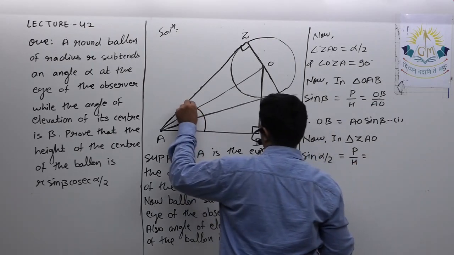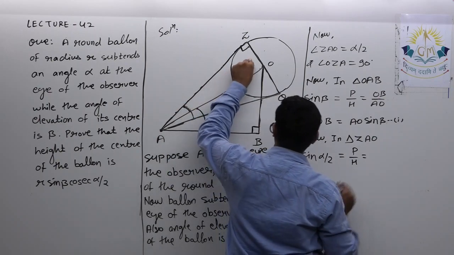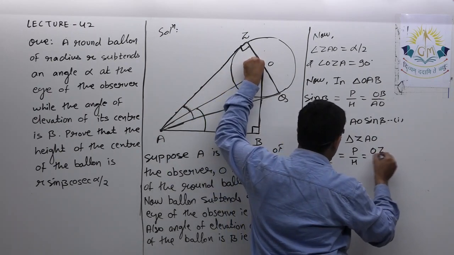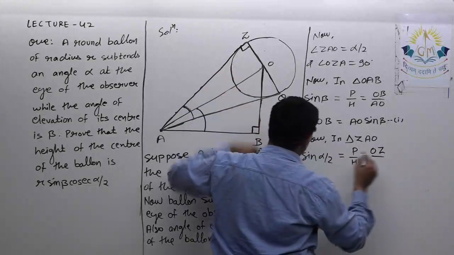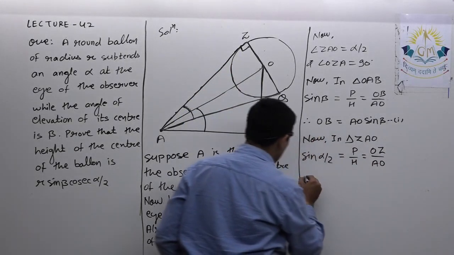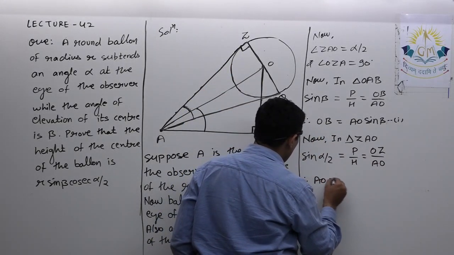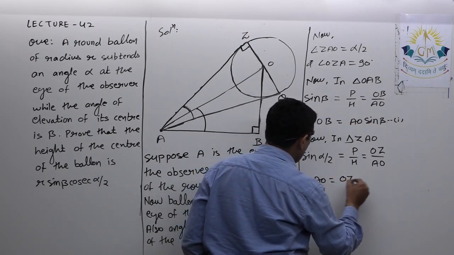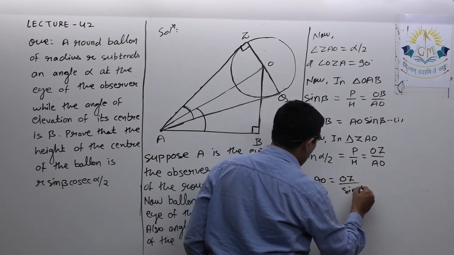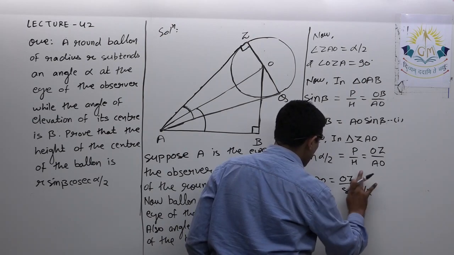Now for this angle, perpendicular is definitely OZ, side opposite to this, and hypotenuse is AO. So here I can write AO is equal to OZ upon sine alpha by 2.